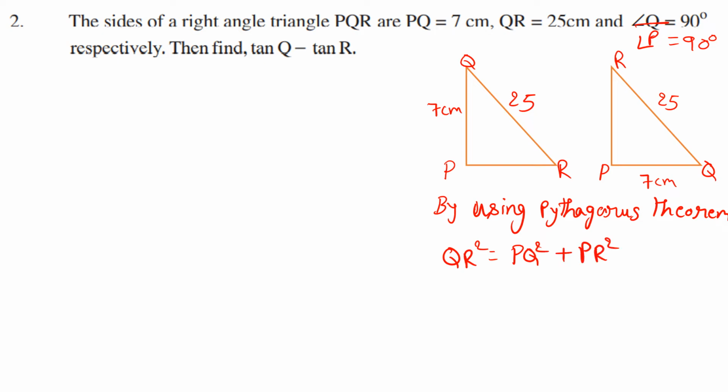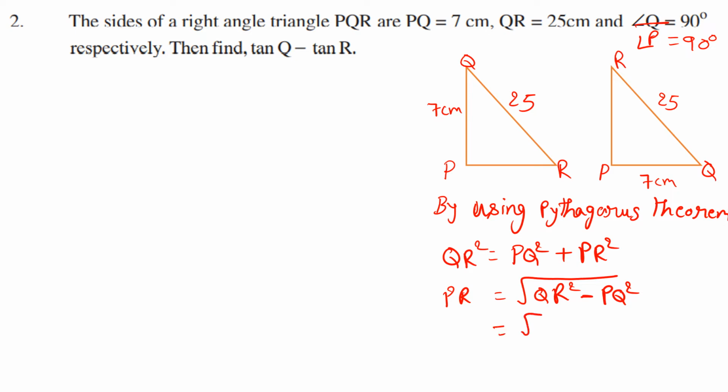Now we need to find PR only, right? That's why PR equals root of QR square minus PQ square. Write it that. Okay. PR equals root of QR square minus PQ square.